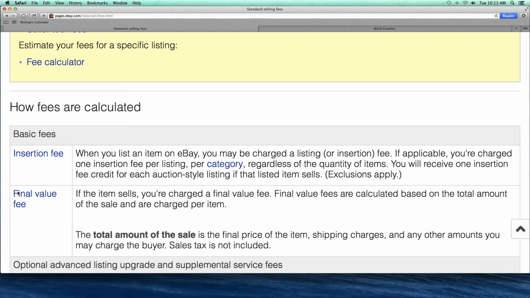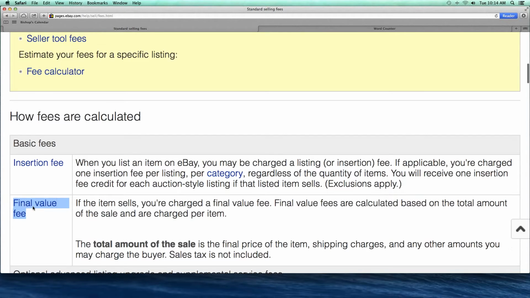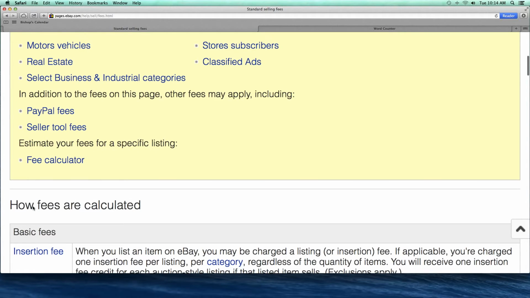Now, that's not necessarily the big one that you have to worry about, okay? The big one you have to worry about is this one right here called the final value fee. It says here, if the item sells, and this is if and only if the item sells, you're charged a final value fee. So in other words, if you list something and it never sells, then this final value fee doesn't apply. But if it does, it's calculated as a percentage.